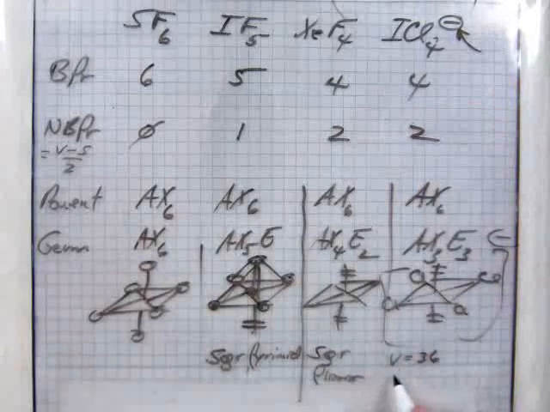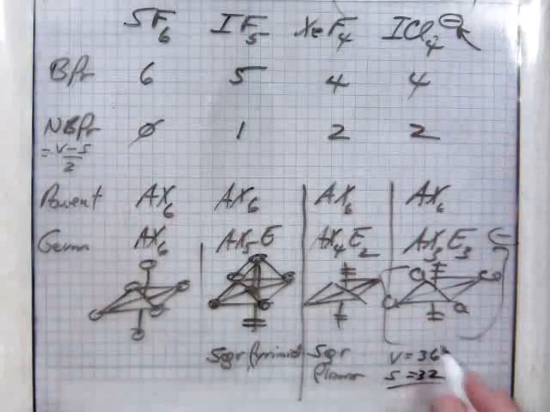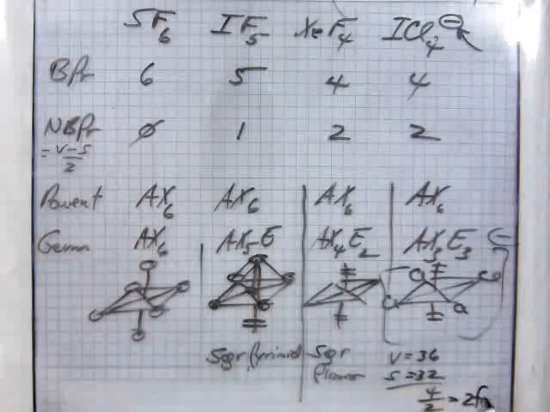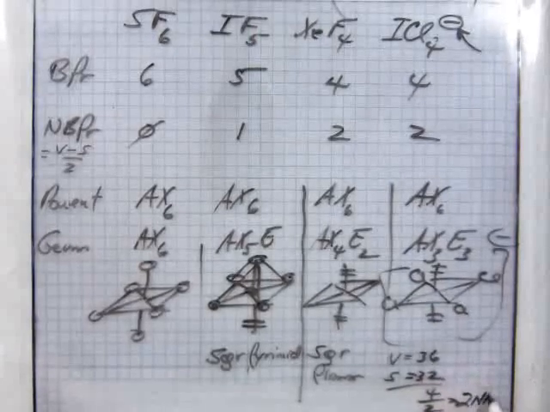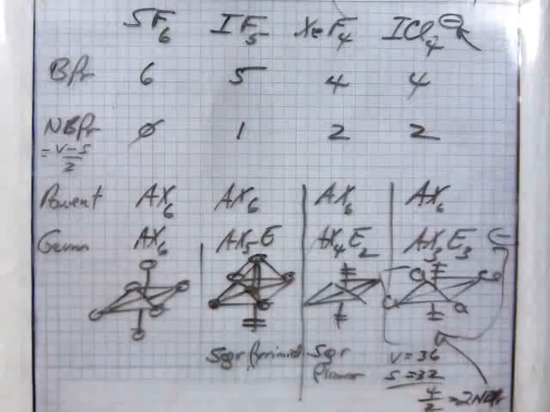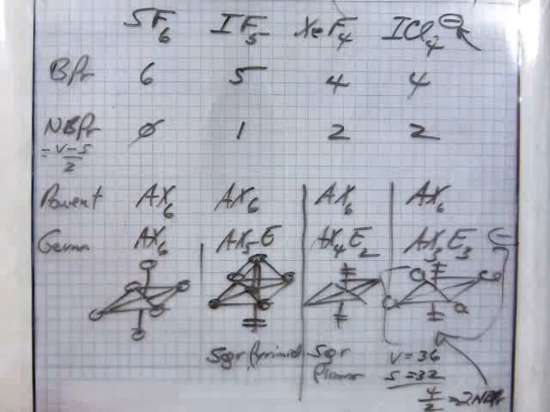And then the substrates, you have 4 substrates, 4 to make 32. And then 4 over 2, and so you have 2 free pairs, or non-bonded pairs. And so that matches the AX4E2 type geometry.